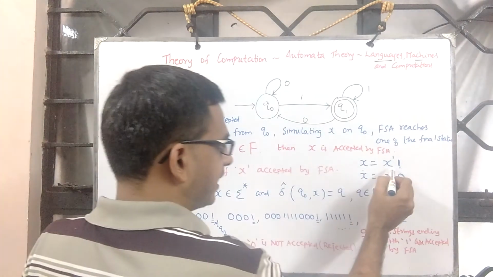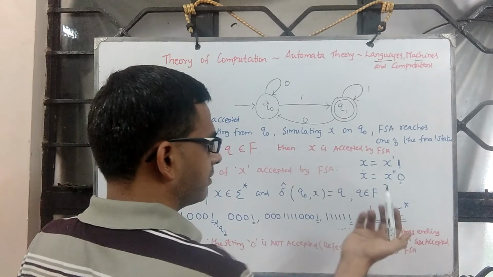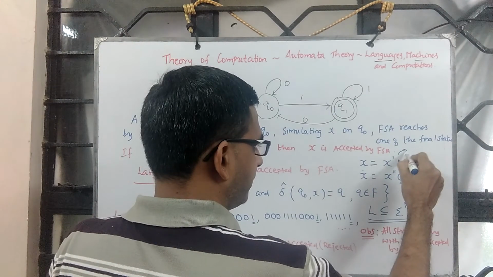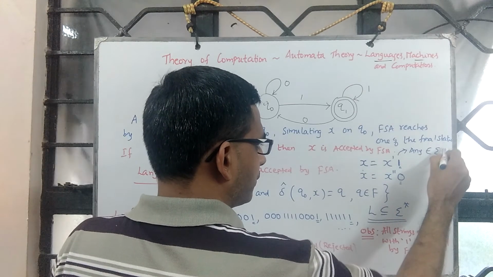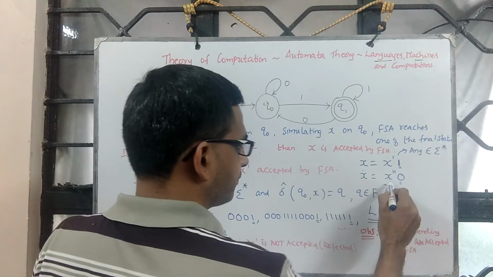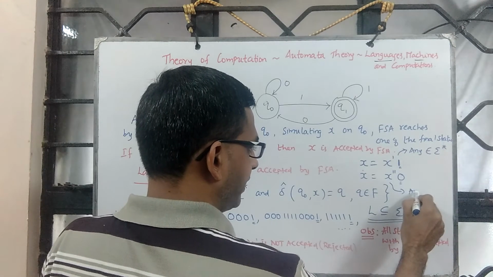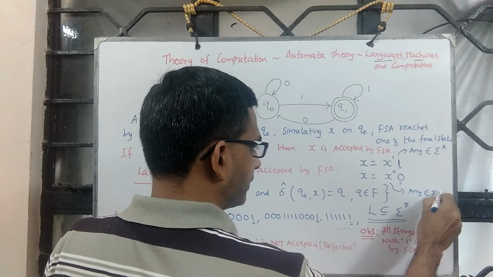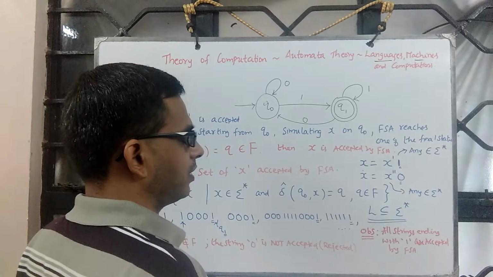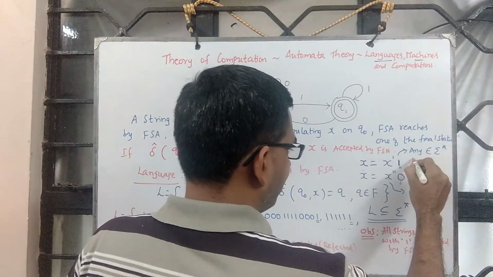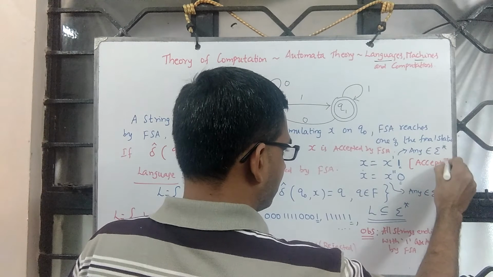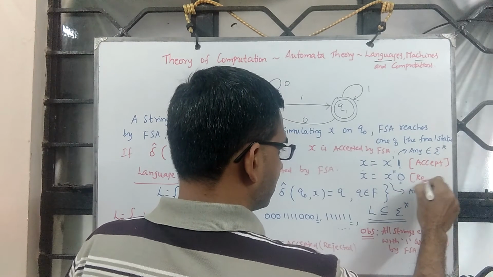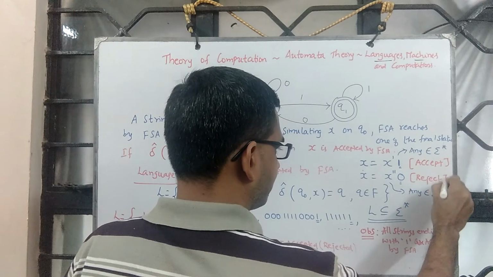Before that is a prefix, and the prefix could be anything belonging to sigma star. What are we claiming? We claim that this is accepted and this is rejected.